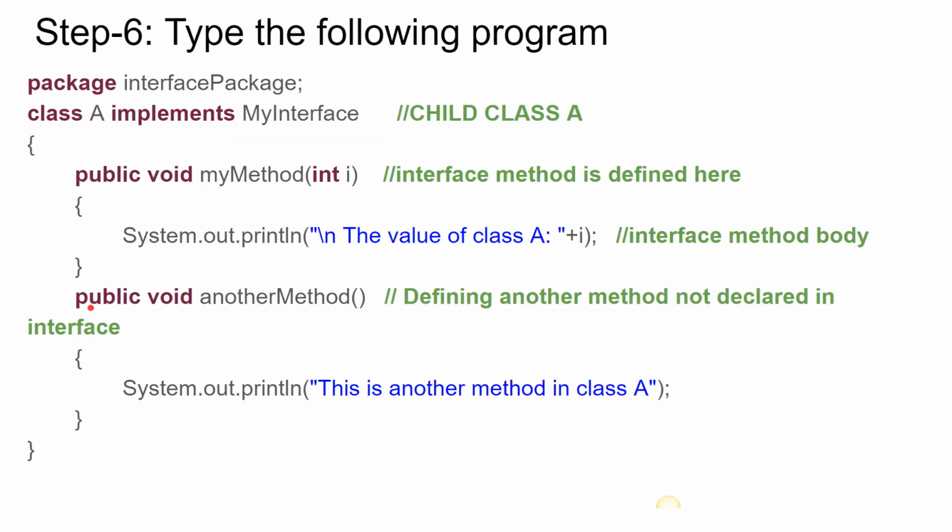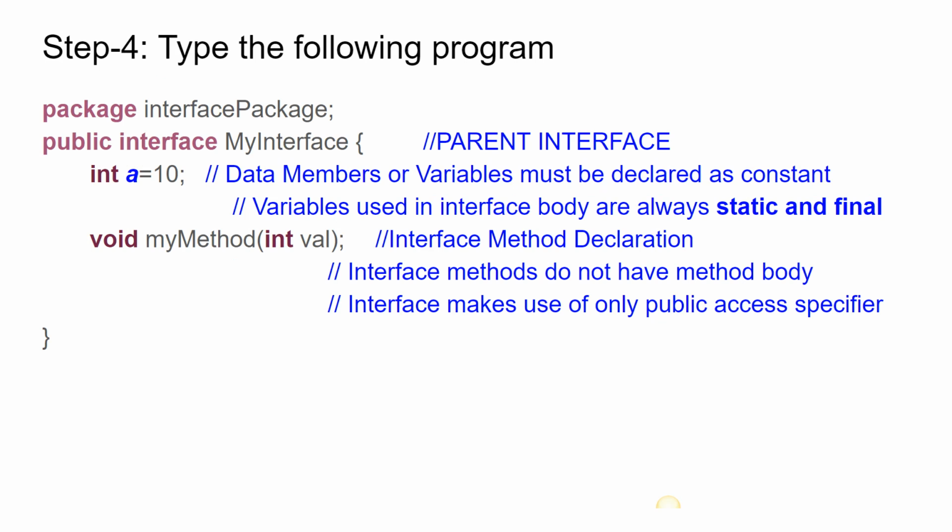So let us discuss about interface. What is interface? Interface is similar to class, but there are some differences between interface and class. Instead of class, here we are using the interface keyword. The first letter of interface name should be uppercase, M is in uppercase, just like class.